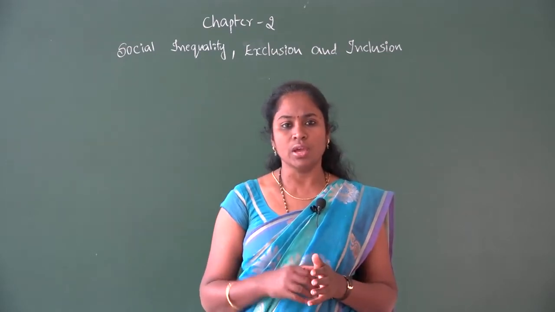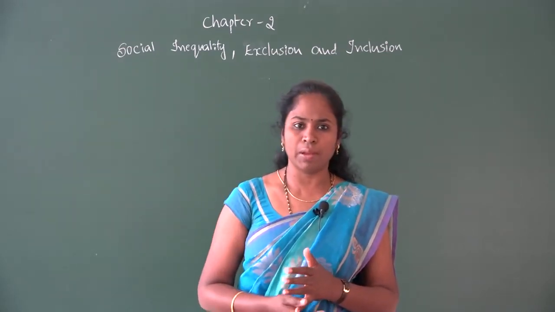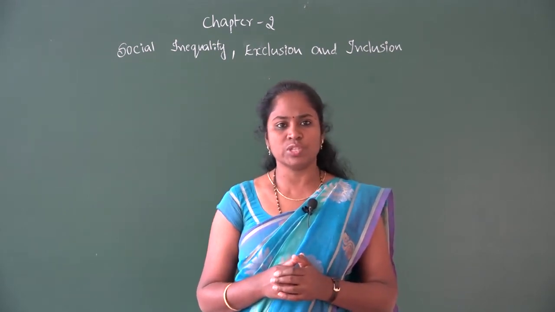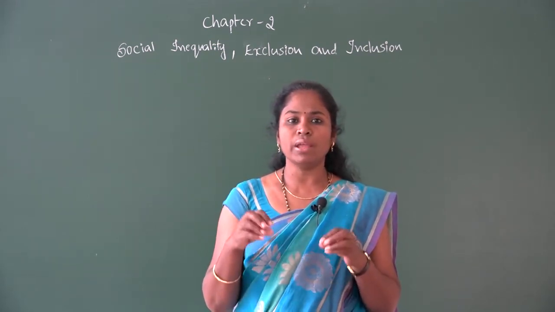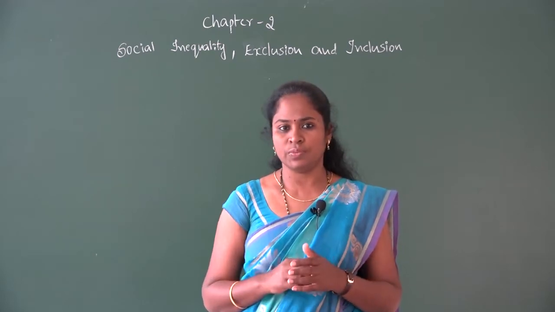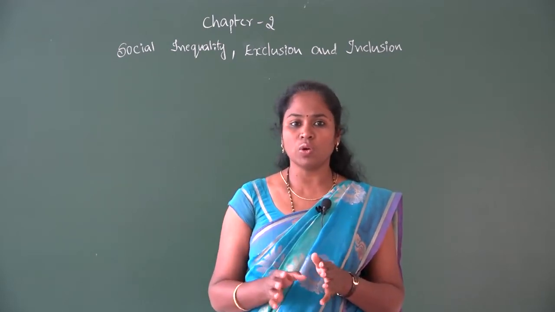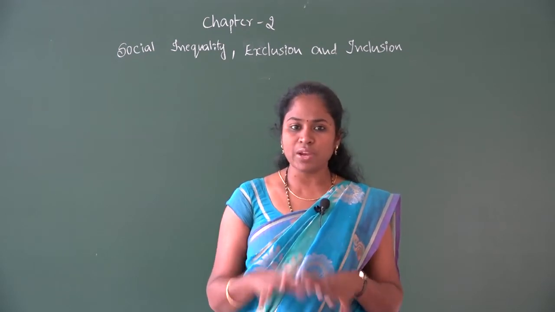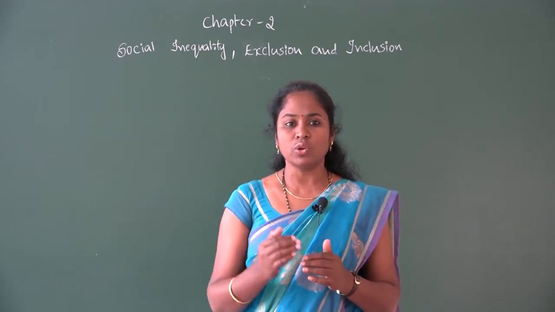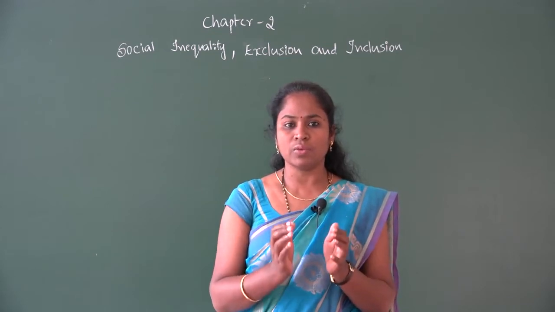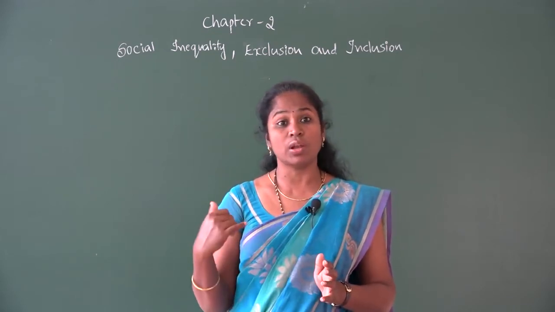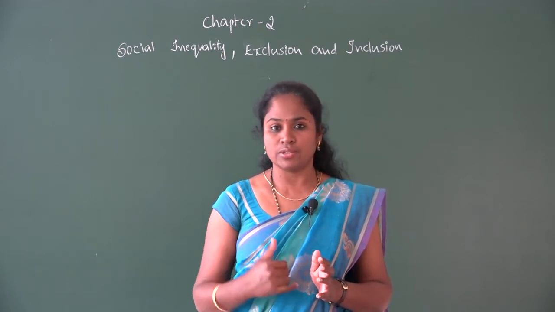There are many laws which have been implemented here. There are many different articles in the constitution. They are trying to bring equality in the society, so that the person may belong to any class, any caste or any gender. In spite of the differences, they try to bring them together and give equal status to the people in the society. So we call it inclusion strategies.